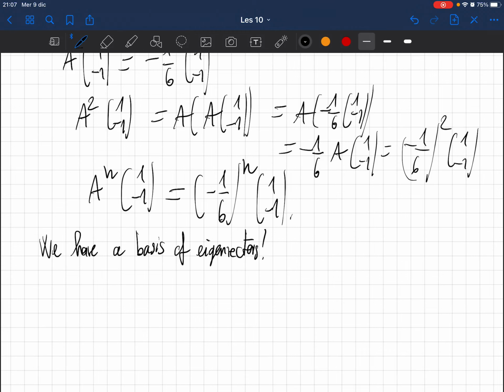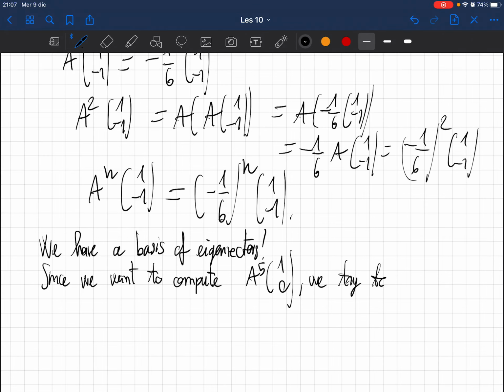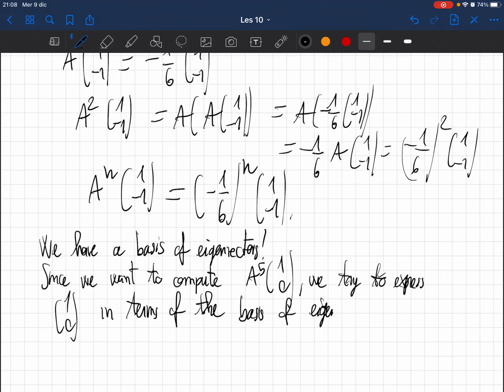So the clever thing to do, since we want to compute A to the 5th power applied to (1, 0), is to express (1, 0) in terms of the basis.